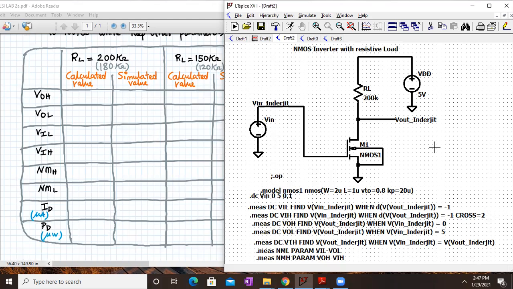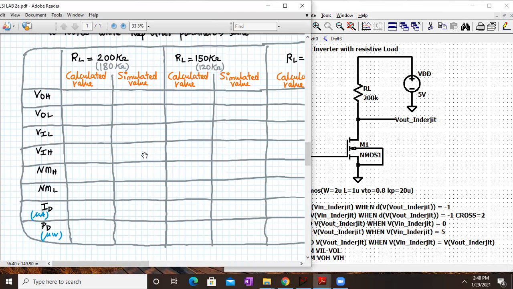We calculate the 4 critical parameters, that is VIL, VIH, VOL, and VOH, and we also calculate the VTH value.